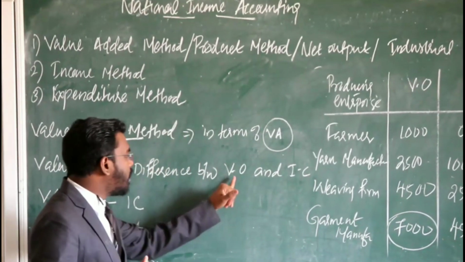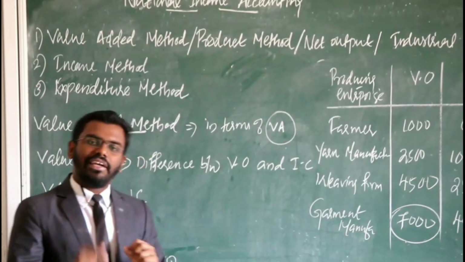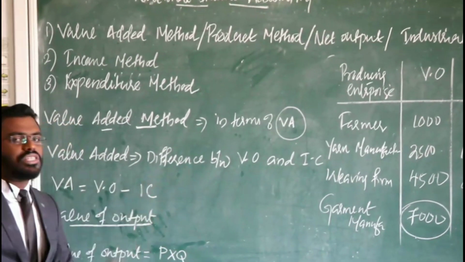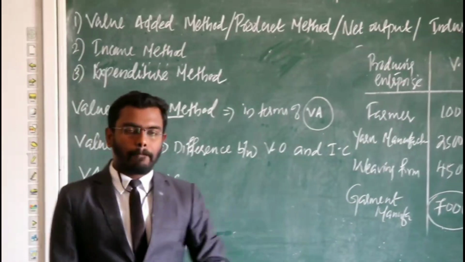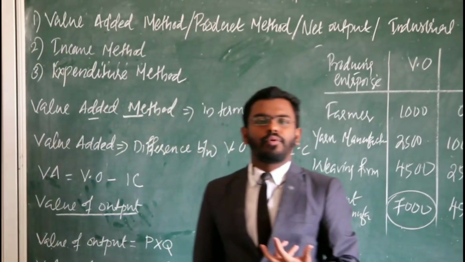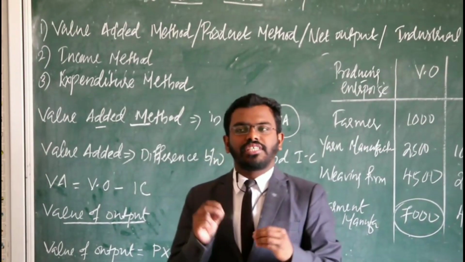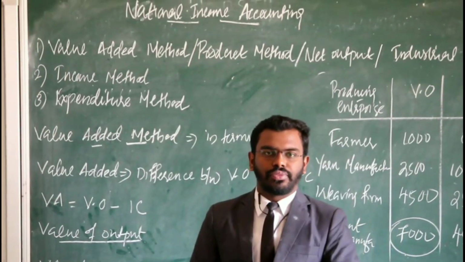So two concepts are here, value of output and intermediate consumption. Firstly we can discuss what is value of output. Value of output means the value of the product which is produced by a producer.